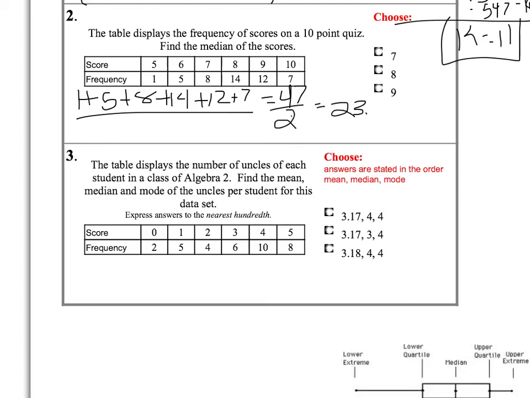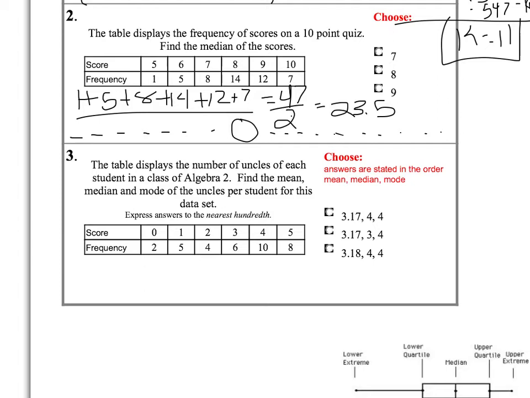That gives me an answer of 23.5. That means, when you have a decimal there, that there are 23 numbers on the left of the median and 23 numbers on the right of the median. So there'd be 23 numbers, and then you'd have your median, and then there'd be 23 numbers on the other side. That's what that's saying.